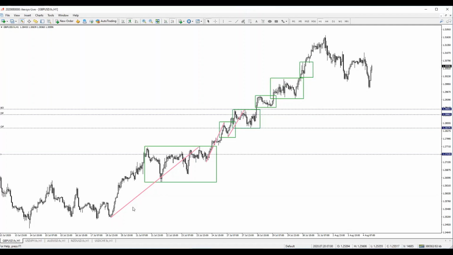Okay, so here's a flag from the very low. It can actually be from here all the way to the top. The retracement from high to lowest, that would be our flag.